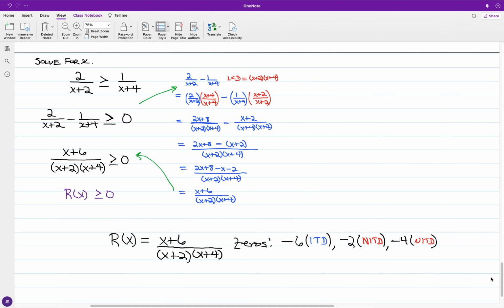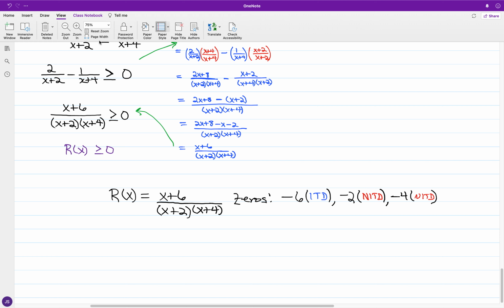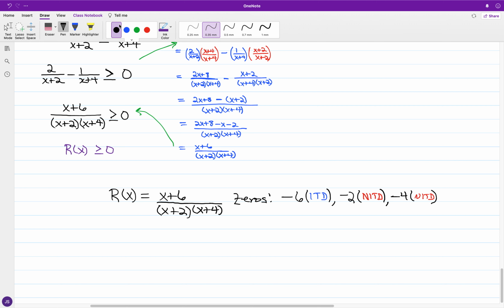Okay, so if we look at setting up a table of intervals, we have revolved about these zeros. For the first interval, you have going from negative infinity to negative 6, but not including negative 6.